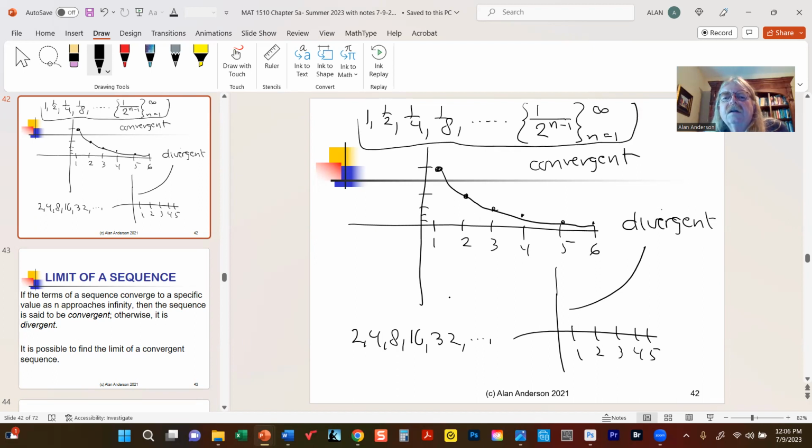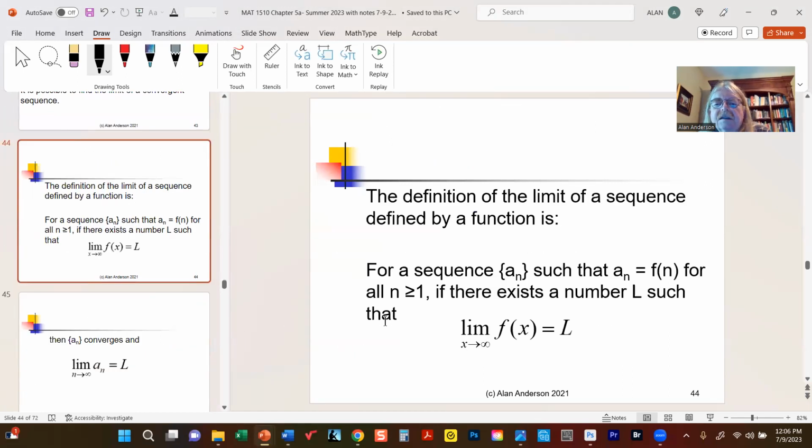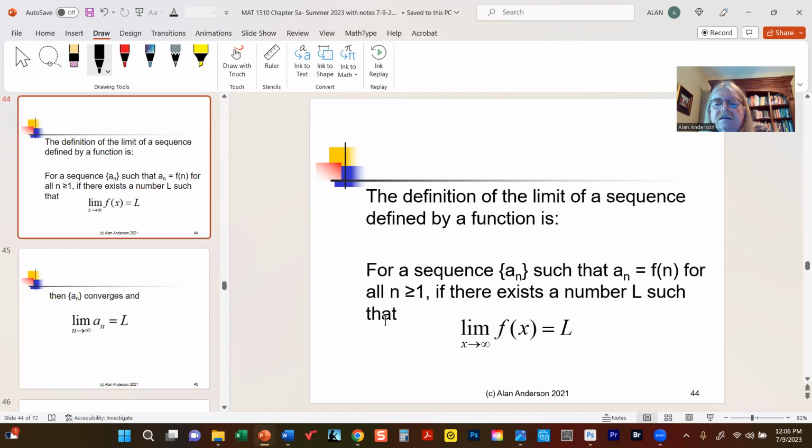That being the case, clearly the terms are a function of n. And then there's some L that we can calculate with the properties of limits that the sequence is converging to.